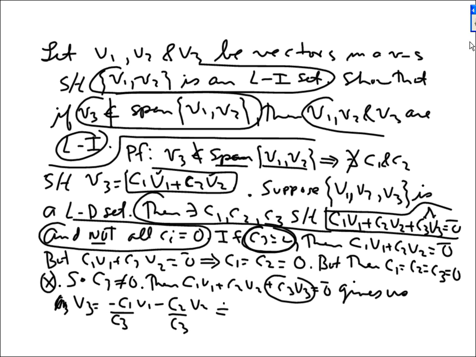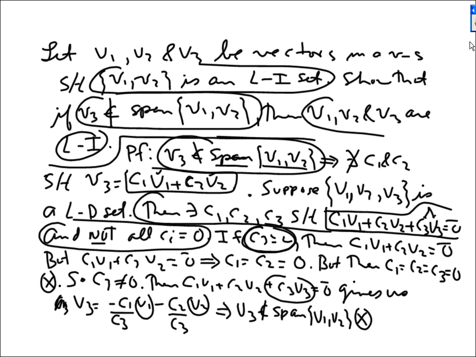But this implies that V3 is in the span of V1 and V2. But that's a contradiction. That's where the proof comes together. We just said that it's not in there.